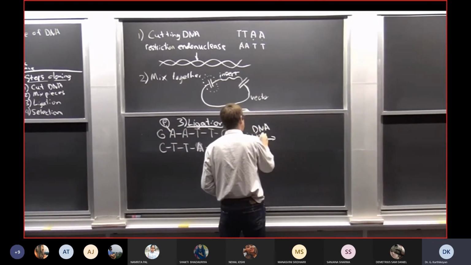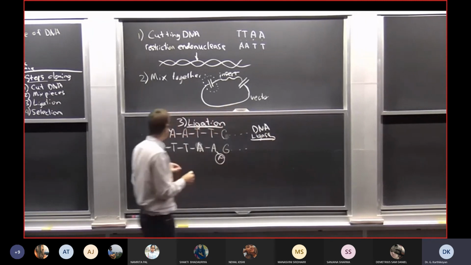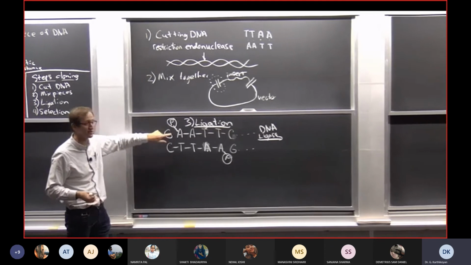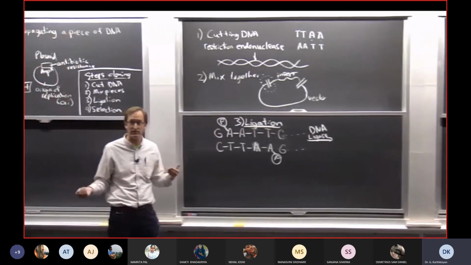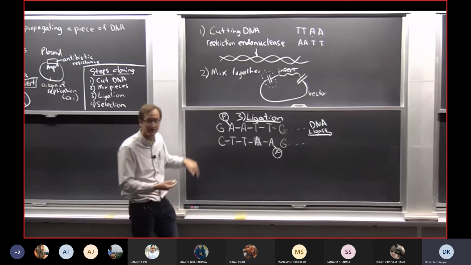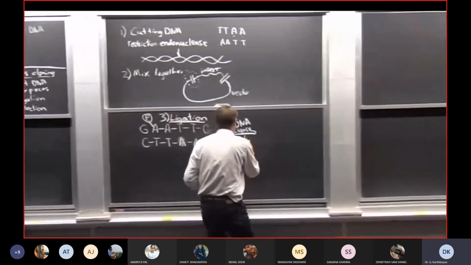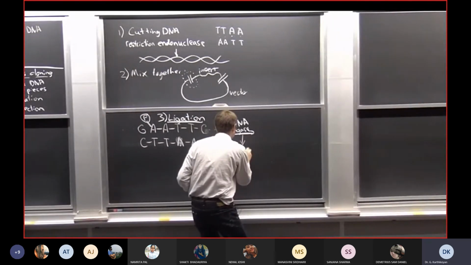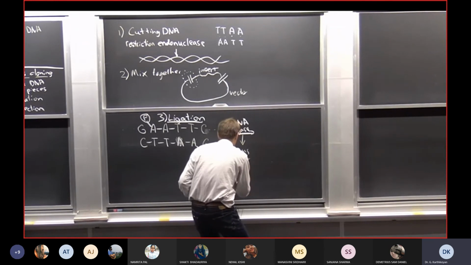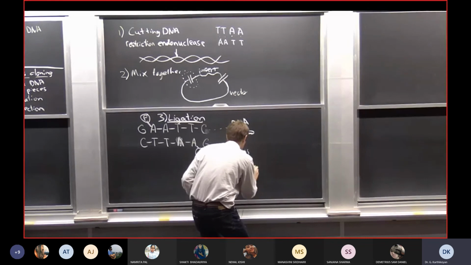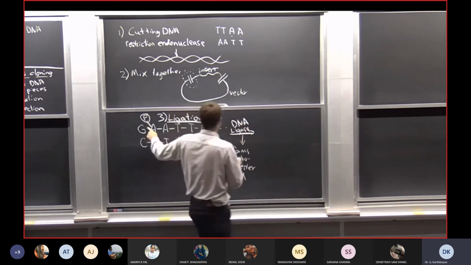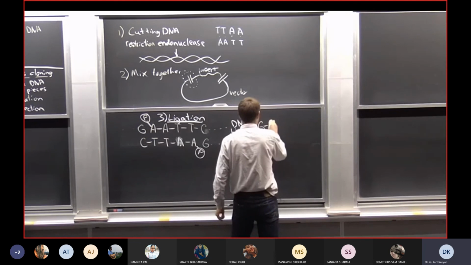So DNA ligase is an enzyme that if you have a free 5' phosphate here and a free 3' hydroxyl, it'll catalyze the formation of a phosphodiester bond between these two bases in the DNA. Okay, so this DNA ligase forms a phosphodiester bond. And you go from having no bond there to having a bond.